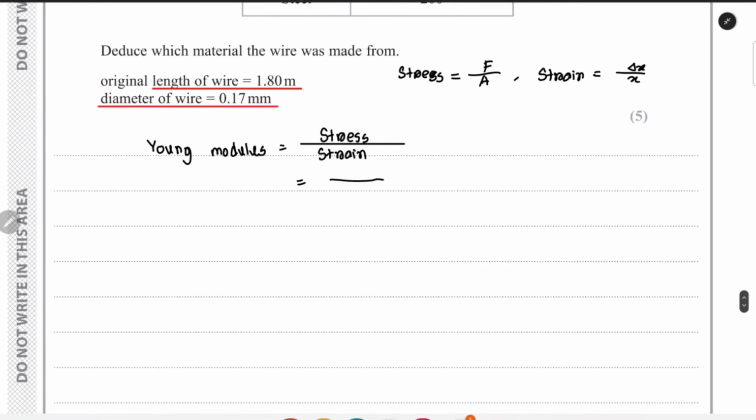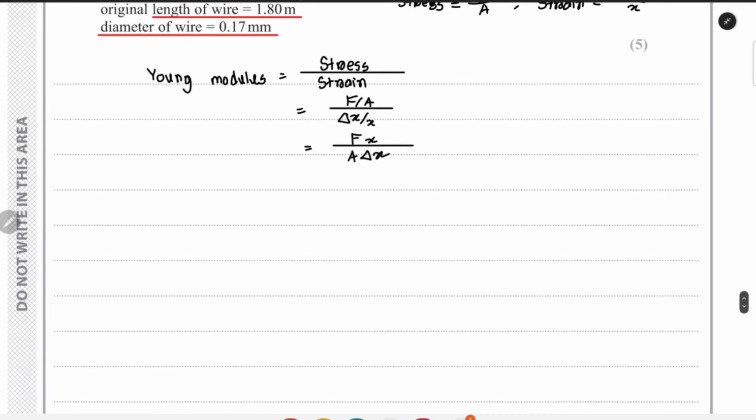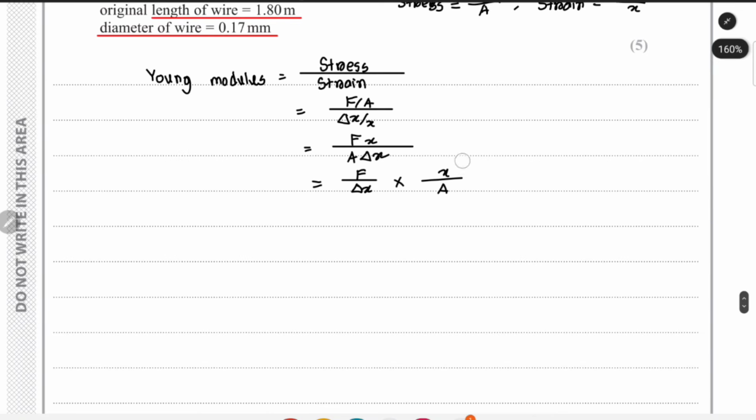So we'll have F by A equals to del x by x, so Young's modulus is Fx by del x A. We know F by del x, we have calculated that, so I'll separate that here: F by del x times x by A. X is the original length of the wire, A is the cross-sectional area.